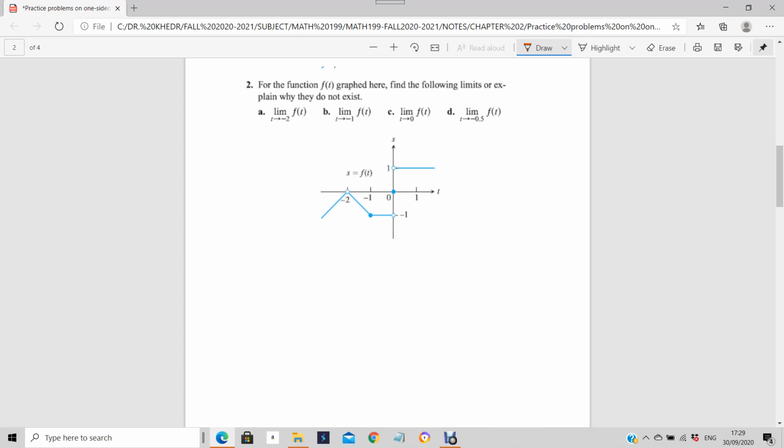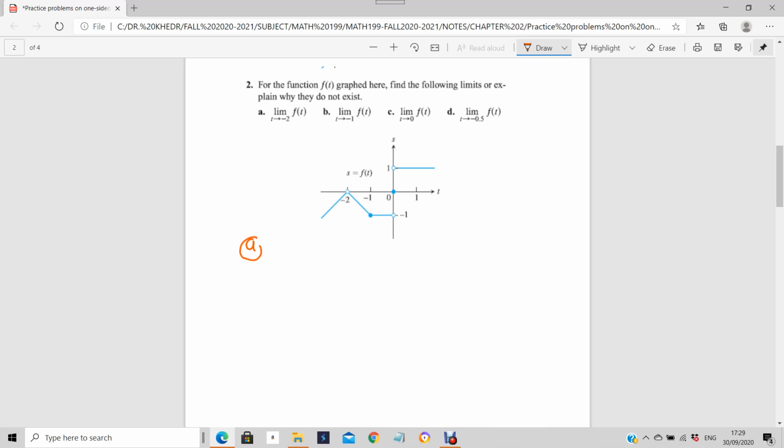I will give you the answers for parts A, B, C, and D. I will solve part D in detail, but you have to do the details of the solution of parts A, B, and C.